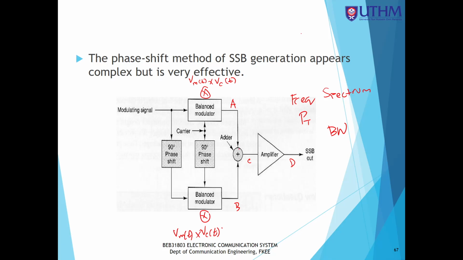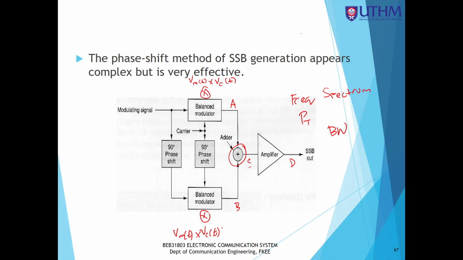When you add up both of them, A and B, to produce C, you will see that one of the sidebands is cancelled out, because of the difference of plus and minus.